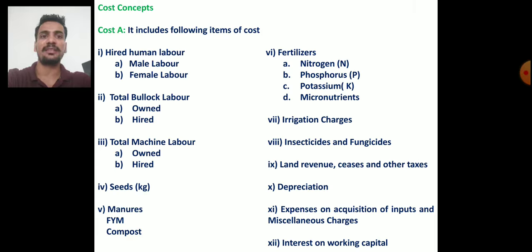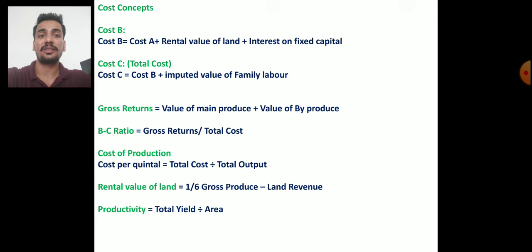So you have to make the summation of all the 11 items, then calculate the 6% interest on working capital. The summation of all these 12 items is cost A. Okay. Now second is cost B.